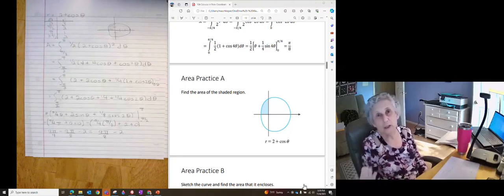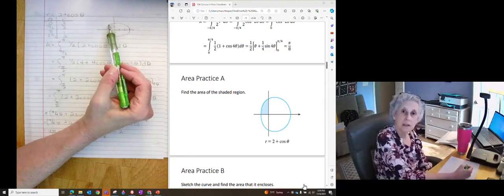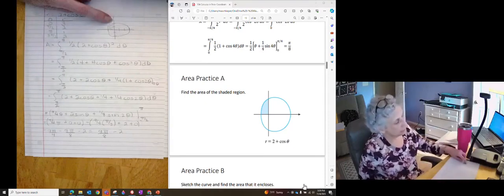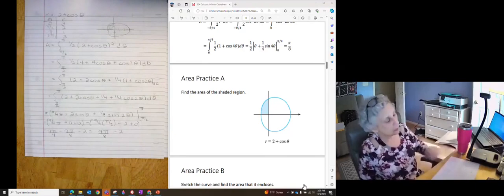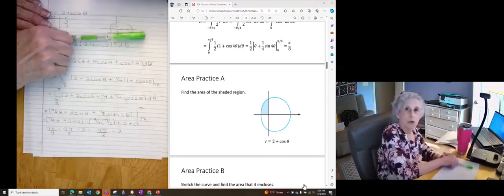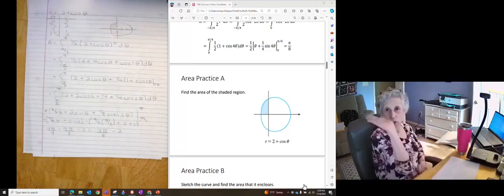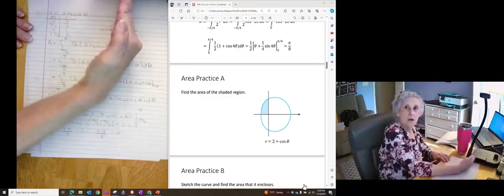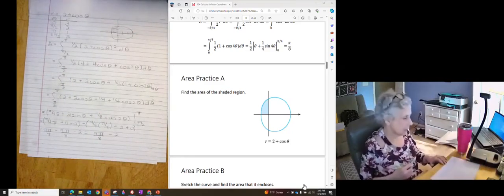Okay, I went ahead and drew my own graph because that helps me to see how the polar graph is drawn and what I need my limits of integration to be. Because remember, polar graphs are drawn in a sweeping motion from the polar axis around counterclockwise.